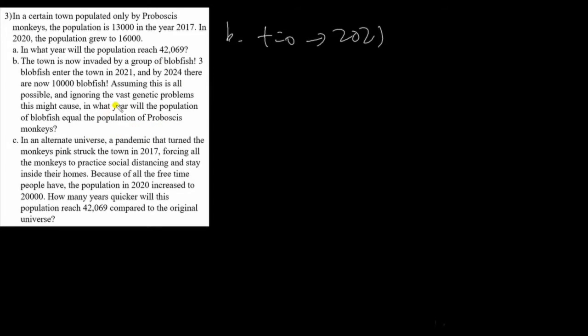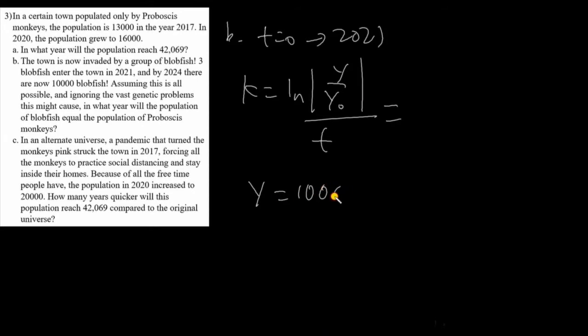So the first step here is going to be, again, finding the k value for the blobfish. So again, I've done this a bunch of times, k is going to be the natural log of this, right? So this is from like the stuff we did in part A. And what are these variables? Well, y is our final population, which is 10,000. Y naught is our initial population, or 3.